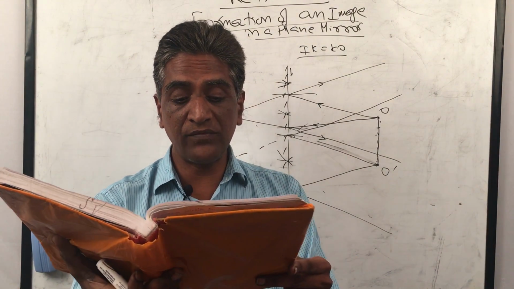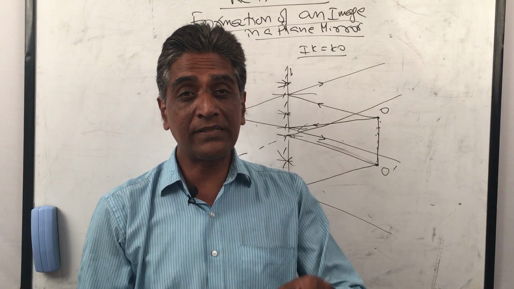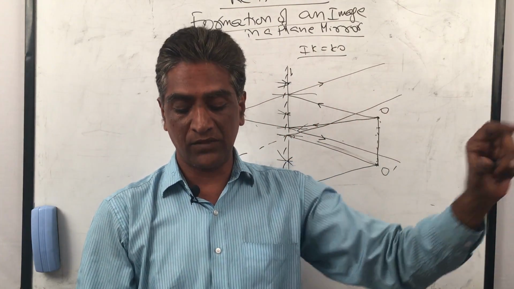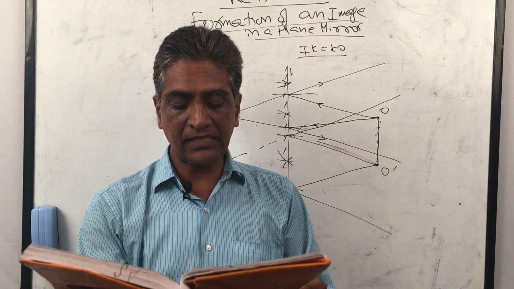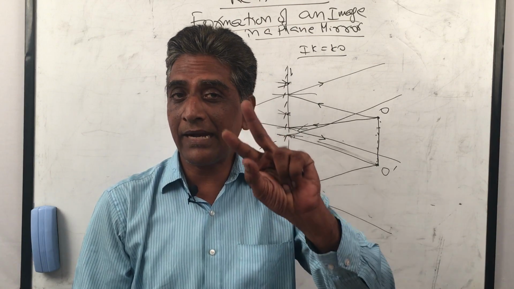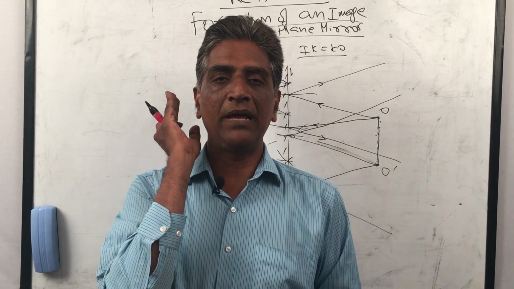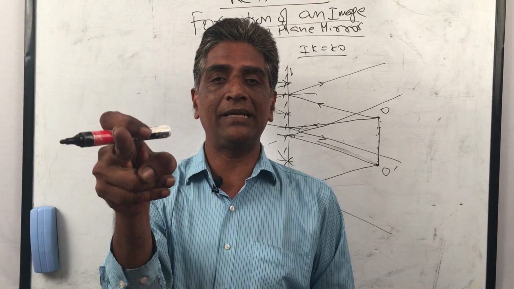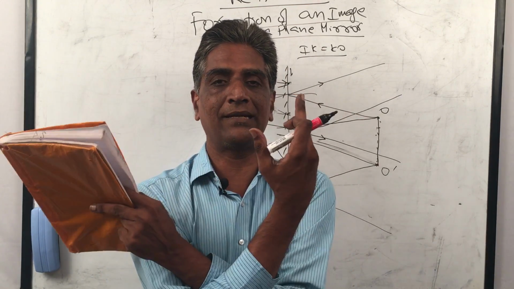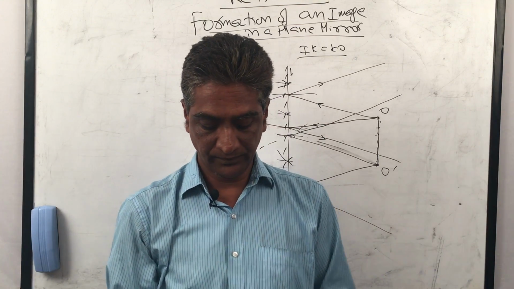What is the size of the image compared to the size of the object? Let us discuss some of the characteristics like size, distance, and right-left inversion. Right-left inversion is, if I am standing in front of the mirror, my right eye does not come there, it comes there. Inversion laterally. And my left ear comes there.